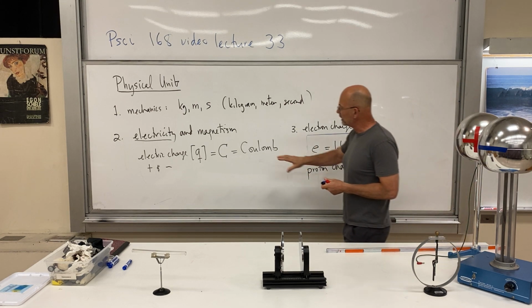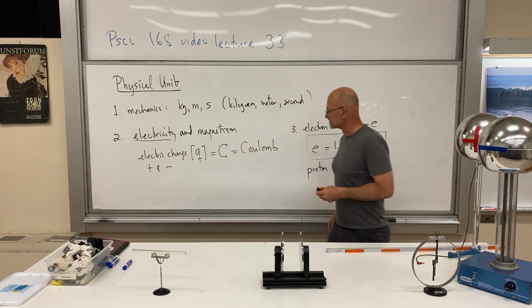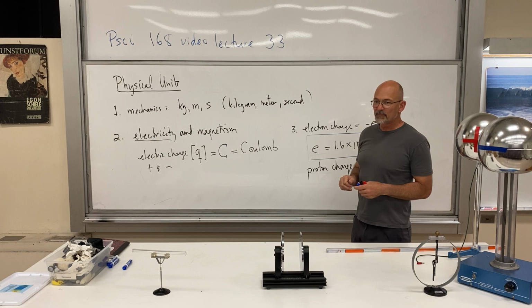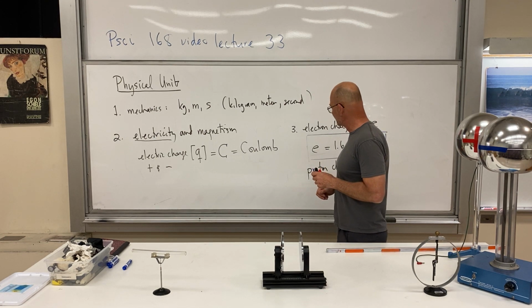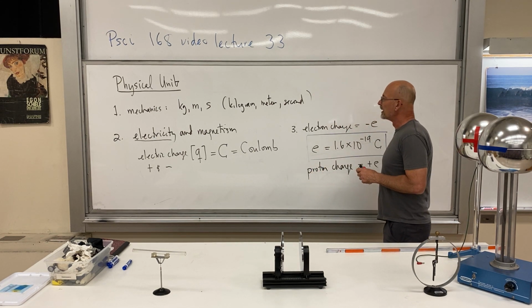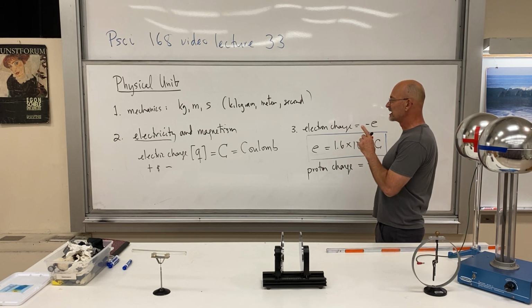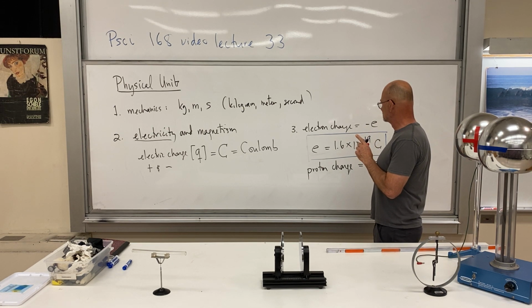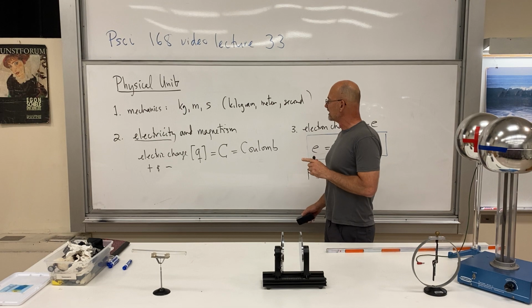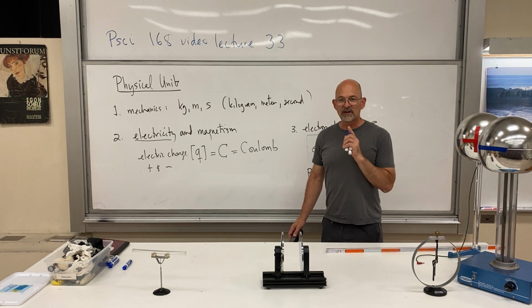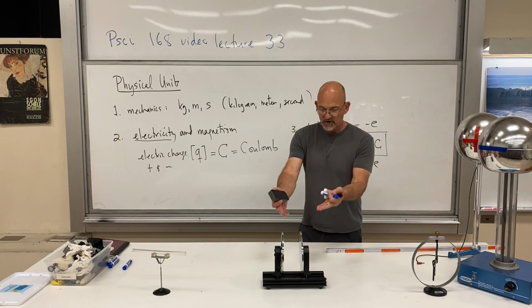So yeah, now we have the unit, the coulomb, and our next topic is the current that's flowing. Actually, let's not do the current, let's do the stored electrical energy. We're going to come back to this.